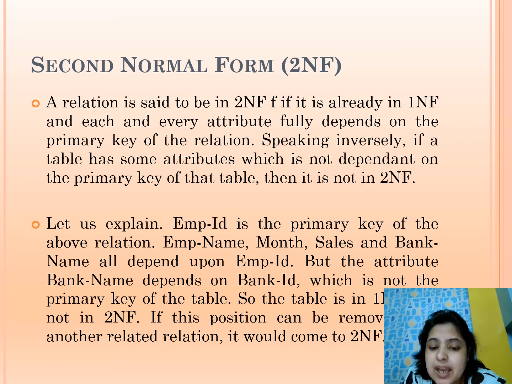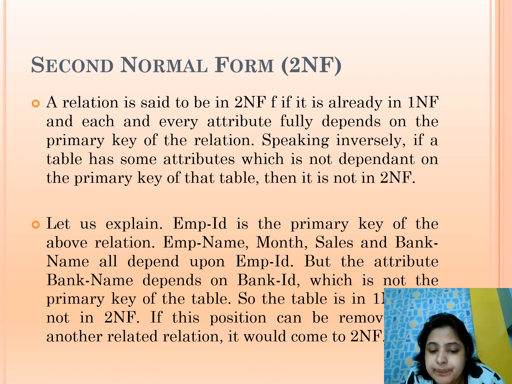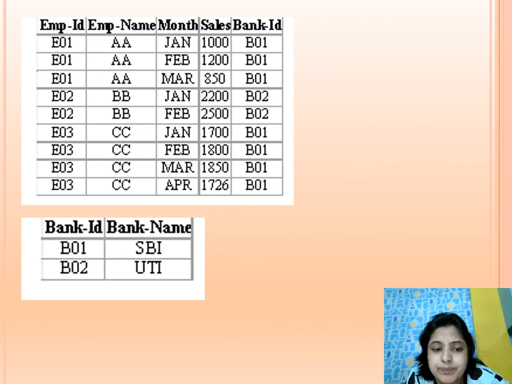Let us explain. Employee ID is the primary key of the above relation, right? Employee name, month, sales and bank name all depend on employee ID, but the attribute bank name depends on the bank ID, right, which is not a primary key of the table. So the table is in first normal form and not in second normal form. If this portion can be removed into another relation, it would come in second normal form.